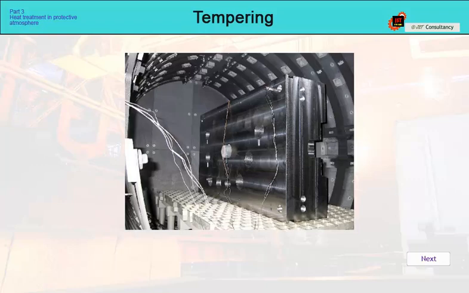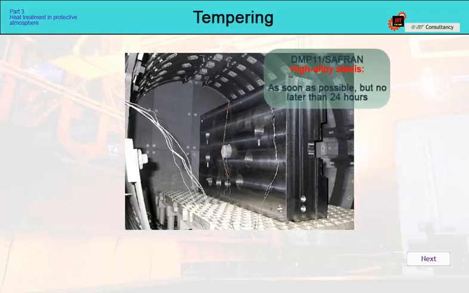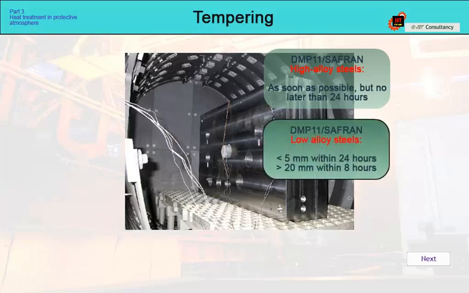For example, the DMP-11 regulation for heat treatment of parts for the aerospace industry from Safran states that for high alloy steels, it should be as soon as possible, but no later than 24 hours. For low alloy steels, it should be within 24 hours for small cross-sections up to 5 millimeters, and within 8 hours for cross-sections thicker than 20 millimeters.